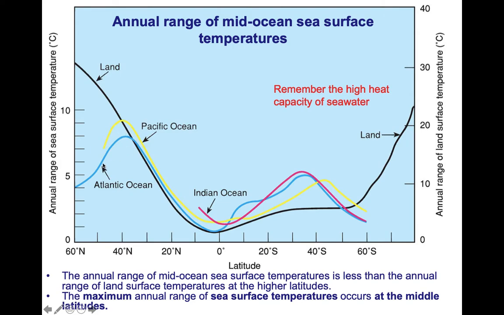So if you look at the Atlantic Ocean, you'll realize that the maximum annual range of temperatures is at middle latitudes, between 32 to 40, 45 degree north and south latitudes. Both the Pacific Ocean and the Atlantic Ocean show the maximum range of surface temperatures.